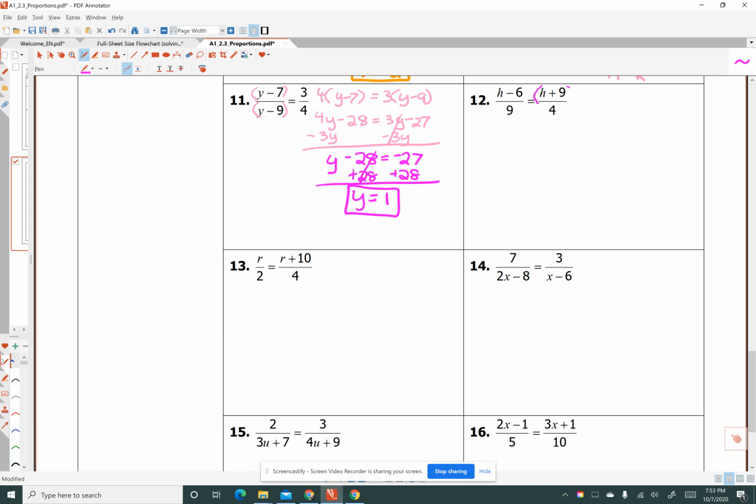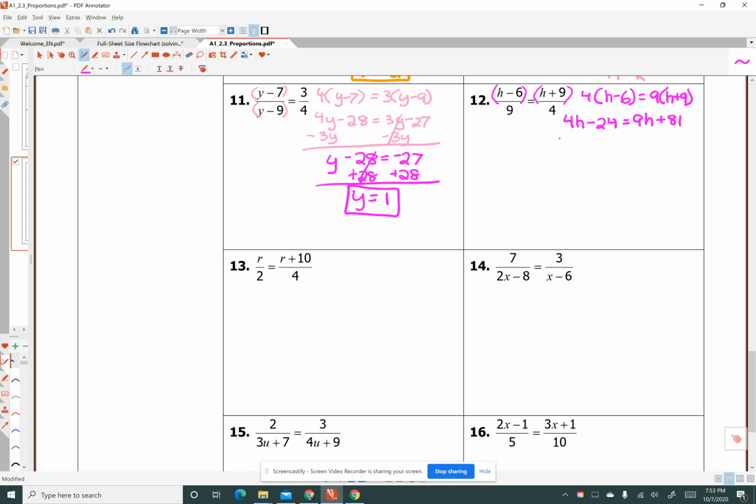Let's group these numerator terms. And we will start with 4 times the quantity of h minus 6 equals 9 times the quantity of h plus 9. After we distribute, we will have 4h minus 24 equals 9h plus 81.